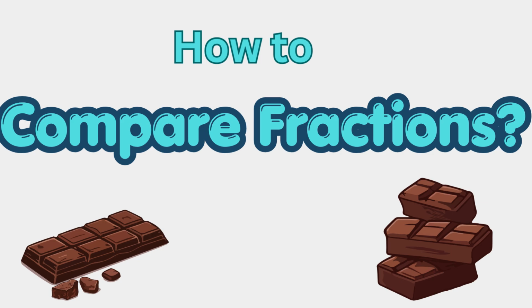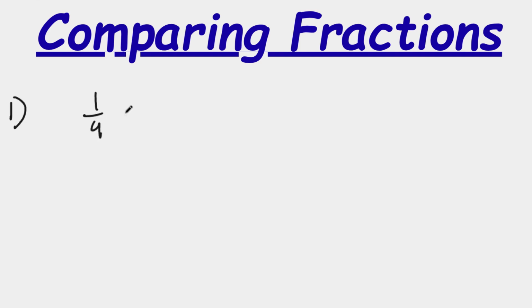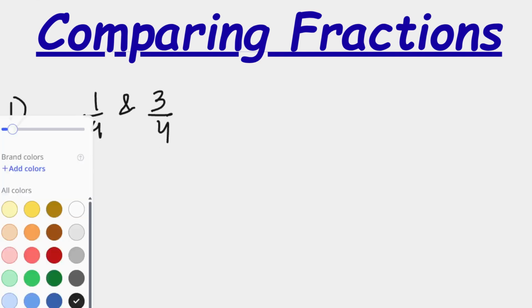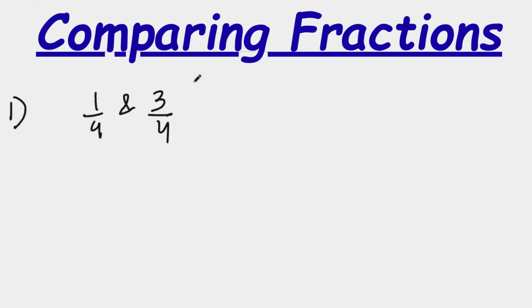First we will compare fractions which have the same denominator. Let us take 1/4 and 3/4. Do you remember what we call such fractions? Try to recall. We call them like fractions.